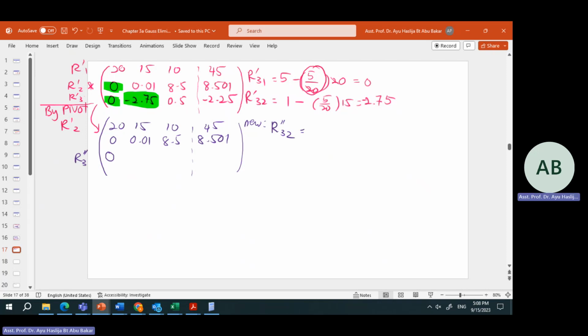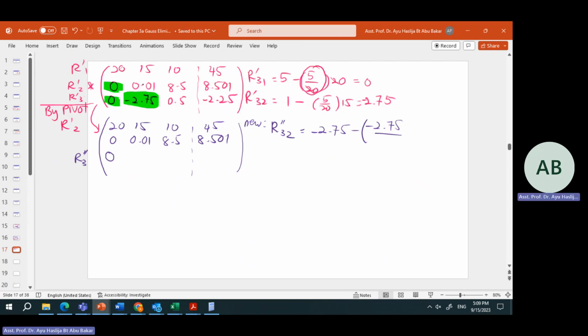Okay, using similar approach, the previous value, which is negative 2.75, minus the factor. So what is the factor over here? Minus 2.75 over 0.01.